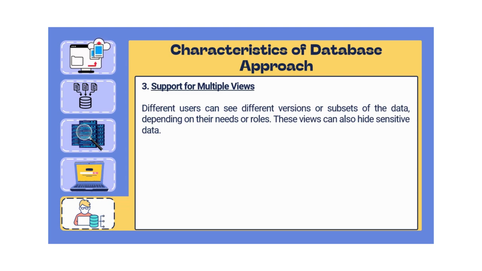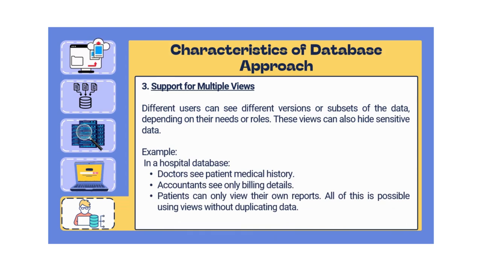Each user can have a personalized view of the database, which may contain only the data relevant to them. For example, in a hospital database, doctors see patient medical history, accountants see only billing details, and patients can only view their own report. All of this is possible using views without duplicating the data.